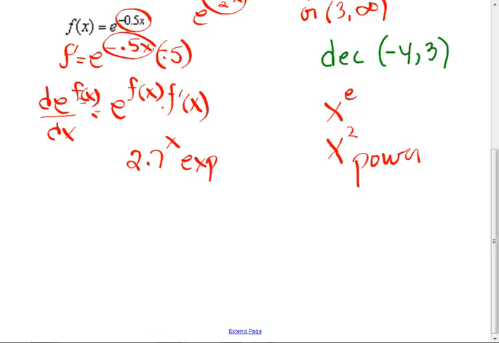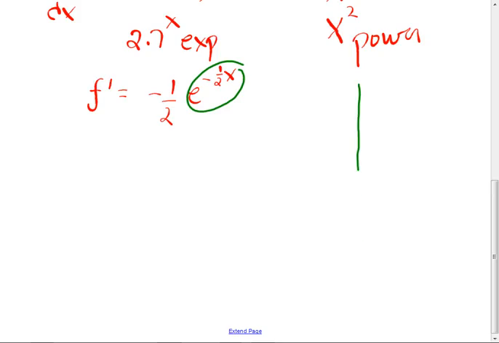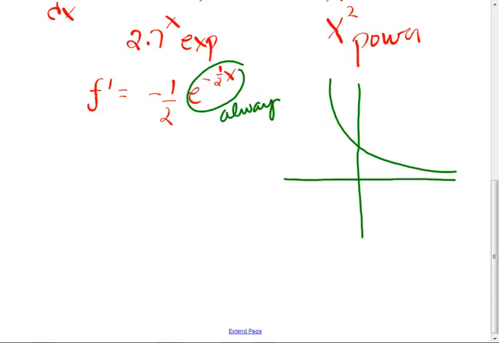Okay, so f prime is equal to, well, I might just leave that. It's -1/2 e to the -1/2 x. I prefer that. Okay, guys, ready? What's true about e to the -1/2 x? Do you remember what it looks like? It's a reflection over the y-axis. This is always positive.